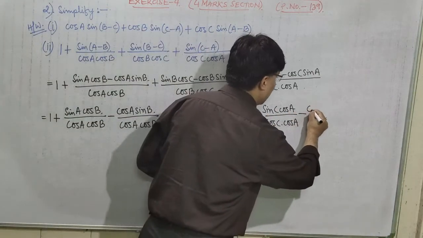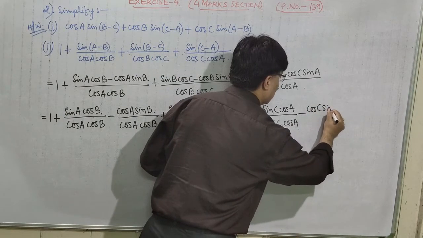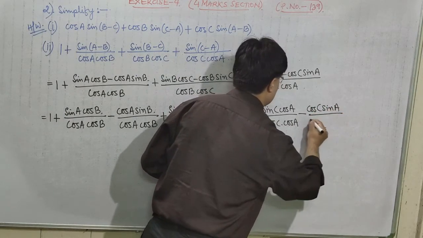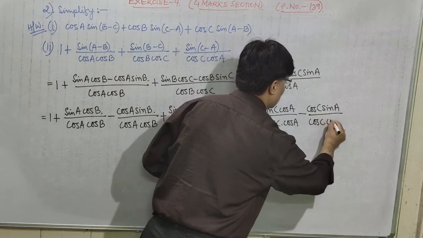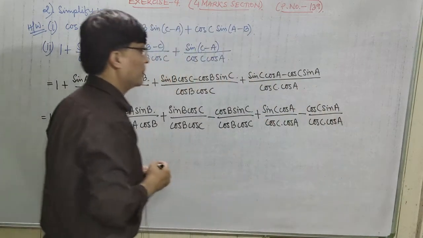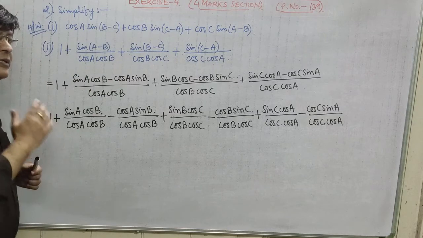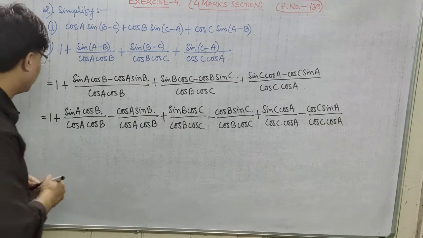Cos c sine a divided by cos c cos a. Okay, so we have separated the term.